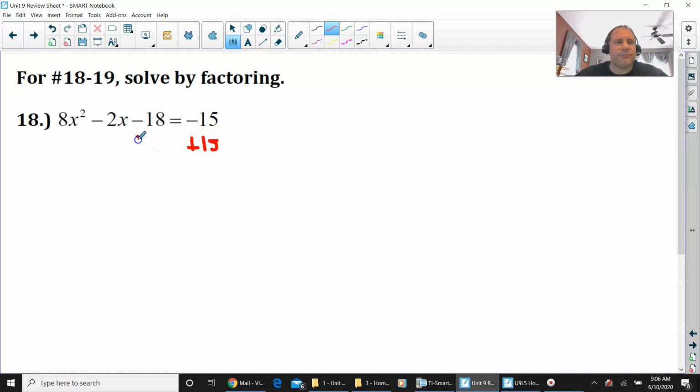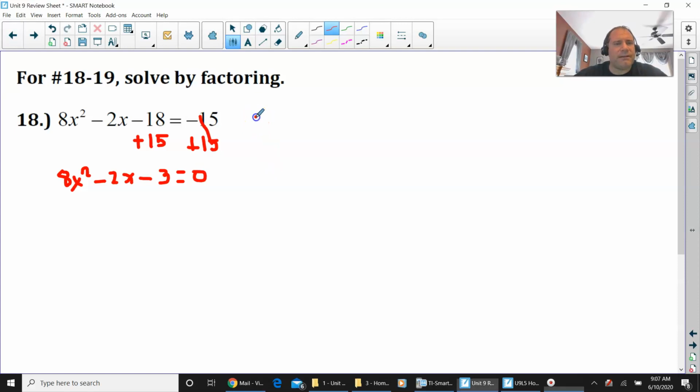Very difficult to remember all of these methods and everything, but this has to be equal to 0, even if you want to put it in the calculator. Must be equal to 0. So this cancels out, and you have 8x squared plus minus 2x. Almost said plus. And then negative 18 plus 15 is a negative 3. And now it equals 0.